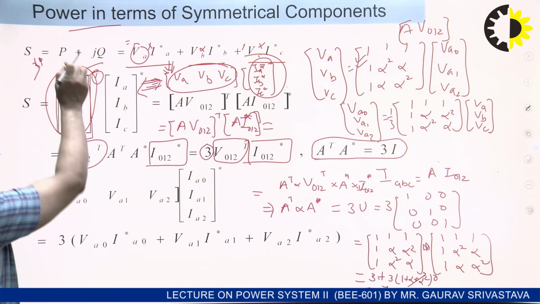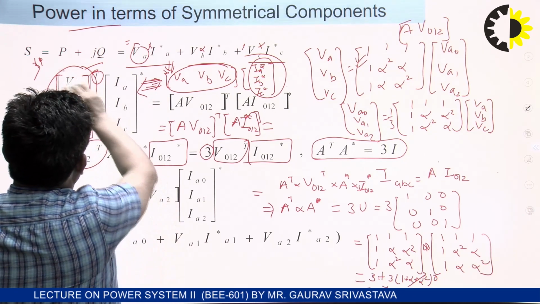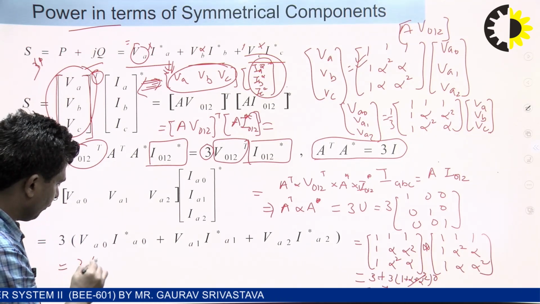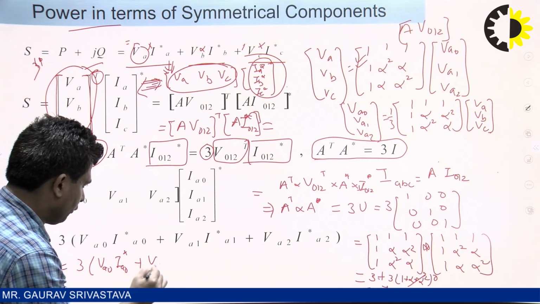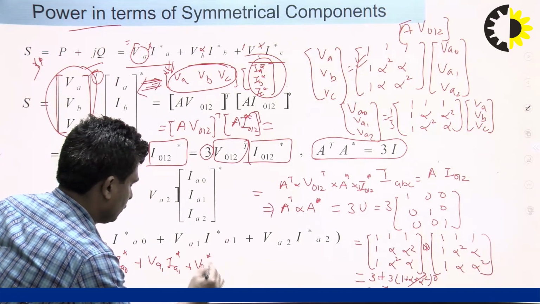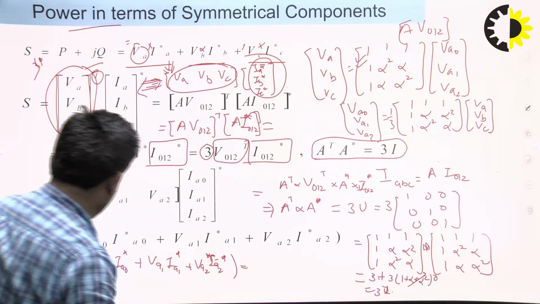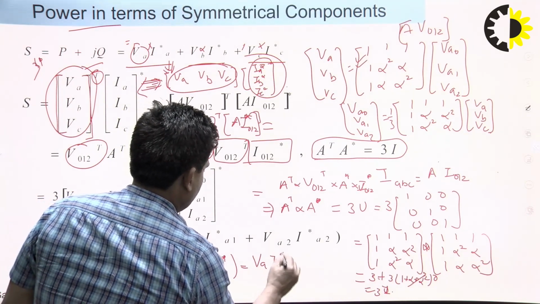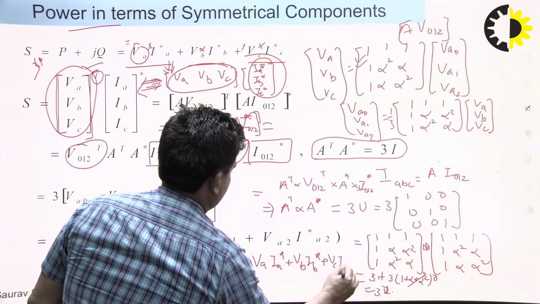So this power in terms of the symmetrical components, in the phase values of the three phases, is equivalent to the individual three symmetrical components' power: VA0 IA0 conjugate plus VA1 IA1 conjugate plus VA2 IA2 conjugate, which is equivalent to what we initially took, VA IA conjugate plus VB IB conjugate plus VC IC conjugate.